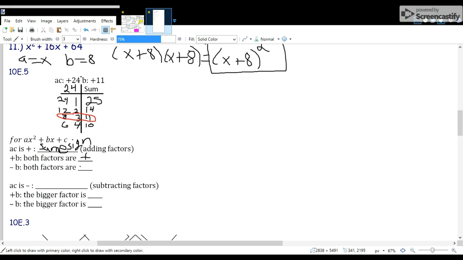If b is negative, both factors are going to be negative. Now, if a times c is negative, then you're going to have different signs. If the b is positive, the bigger factor is going to be positive. If it's a negative b, the bigger factor is going to be negative.